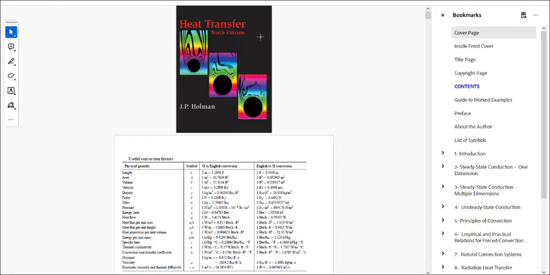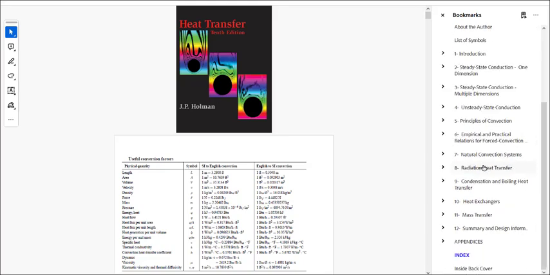You can have this book and work on it from the 10th edition. Chapter 10 of this book actually talks about heat exchangers.